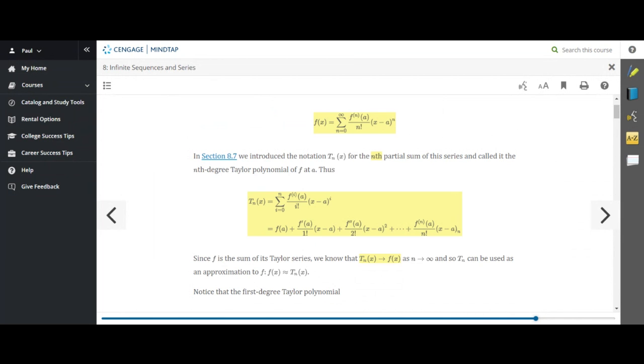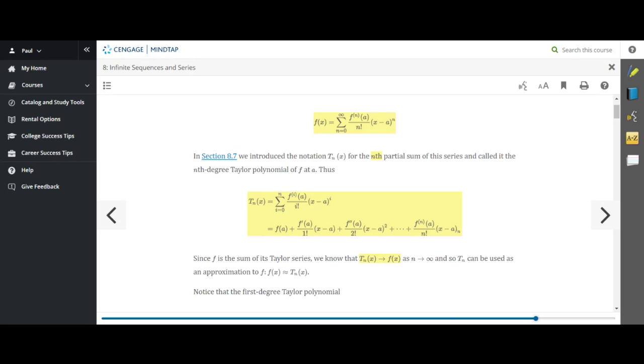But for now, the nth partial sum, if we look below, is denoted T sub n, where T stands for Taylor polynomial. That's the sum of the first n plus 1 terms. So a Taylor polynomial T sub n, in that second highlighted box, is a polynomial of nth degree.